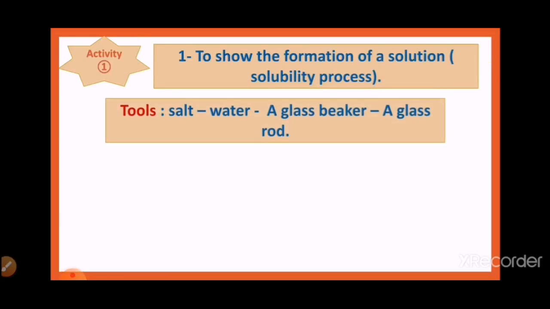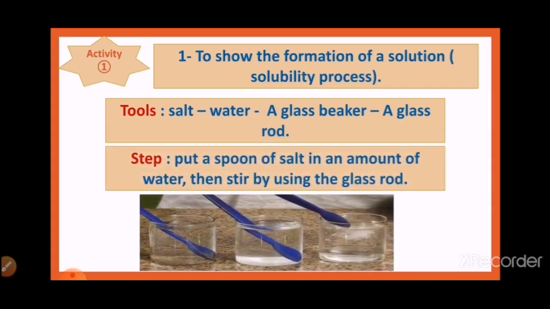Let's do this activity to show the formation of solution solubility process. We have salt, water, glass beaker, a glass rod. First, we put a spoon of salt in an amount of water, then stir by using the glass rod.